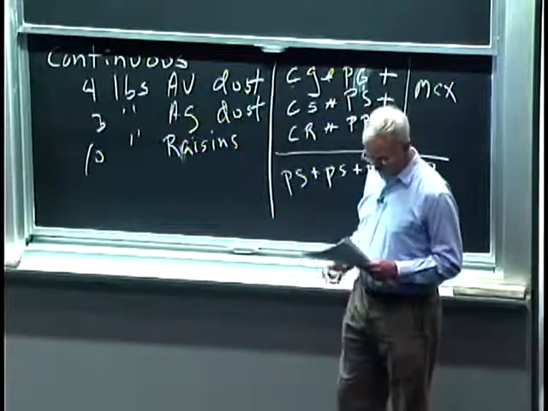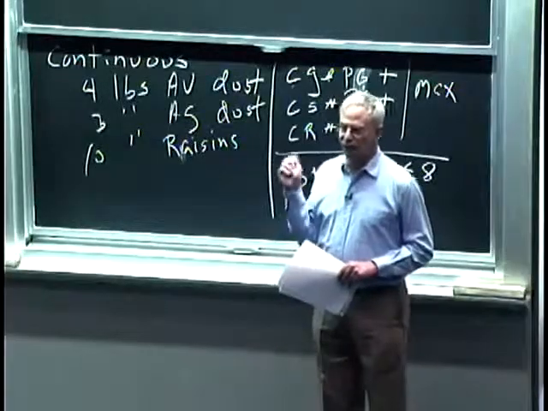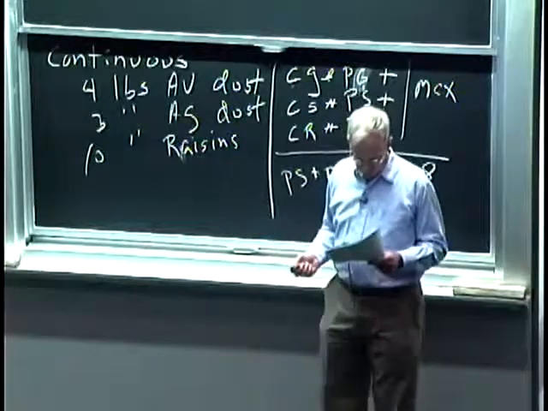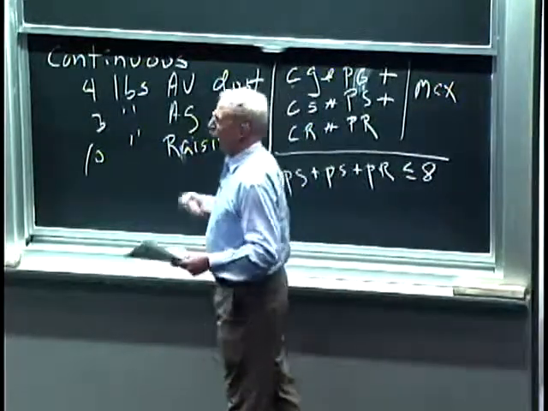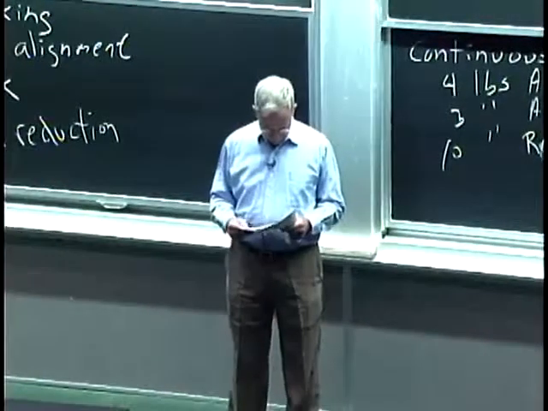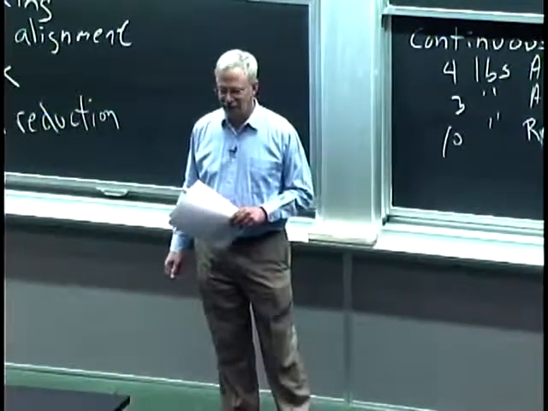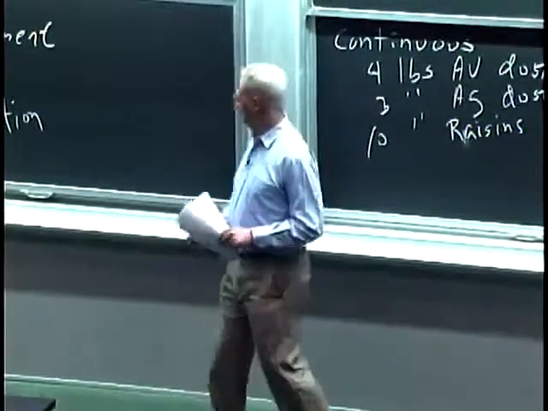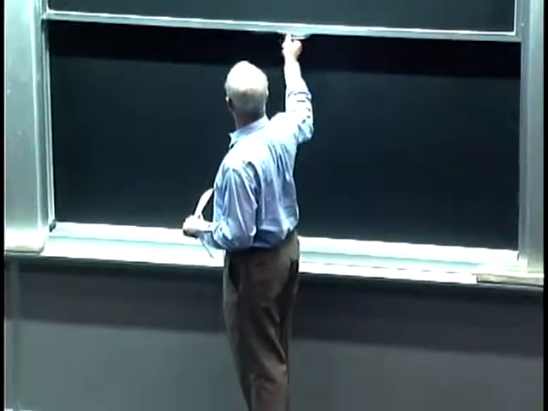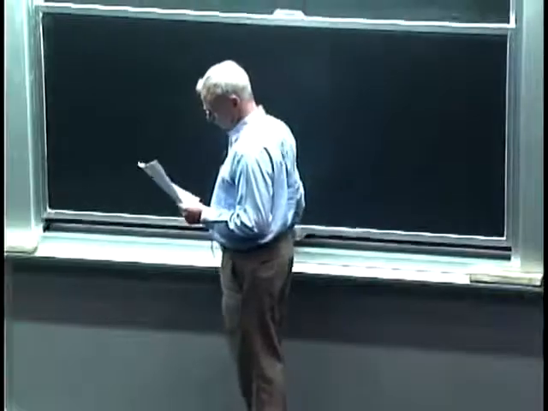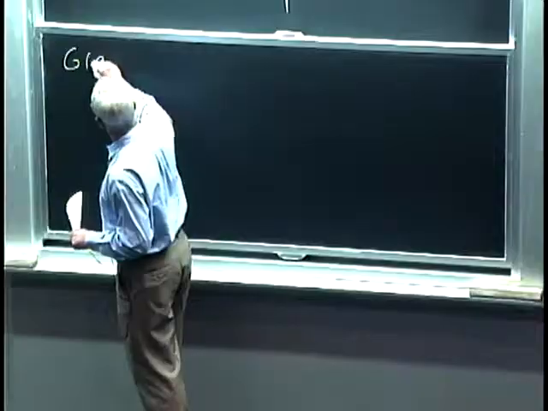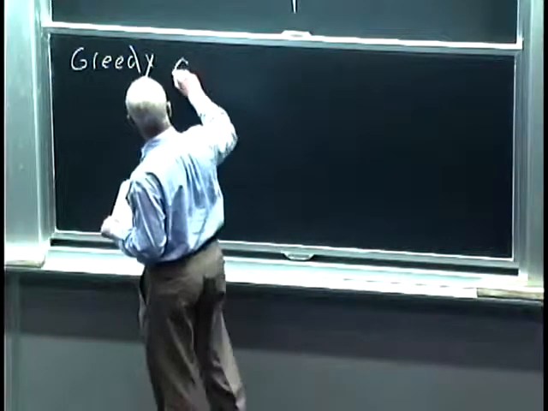Now, the strategy here is pretty clear, as it often is with the continuous problem. What's the strategy? I pour in the gold till I run out of gold. I pour in the silver till I run out of silver. And then I take as many raisins as will fit in and I leave. Right? I hope almost every one of you could figure out that was the right strategy. If not, you're not well suited to a life of crime. What I just described is an instance of a greedy algorithm.